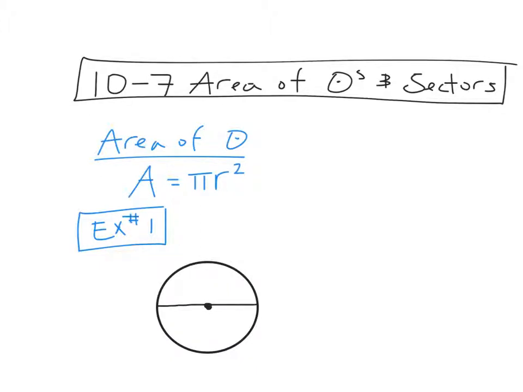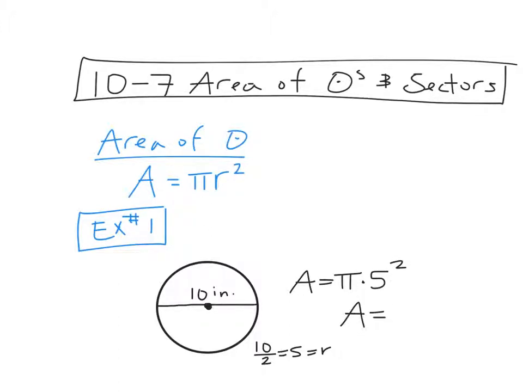That's a diameter, and it is 10 inches. If I say find the area of that circle, what are you doing? Your radius is half of that, so it'd be 5. So it's pi times 5 squared.